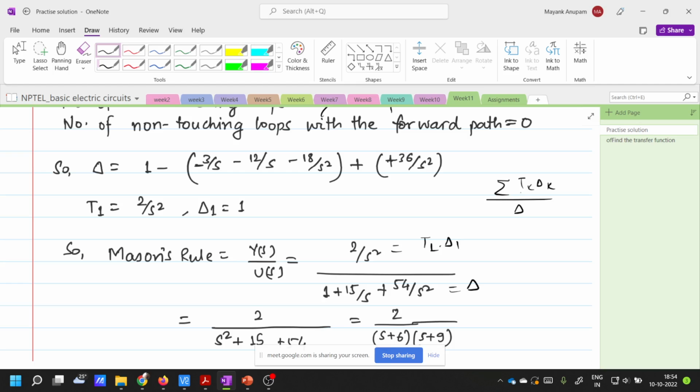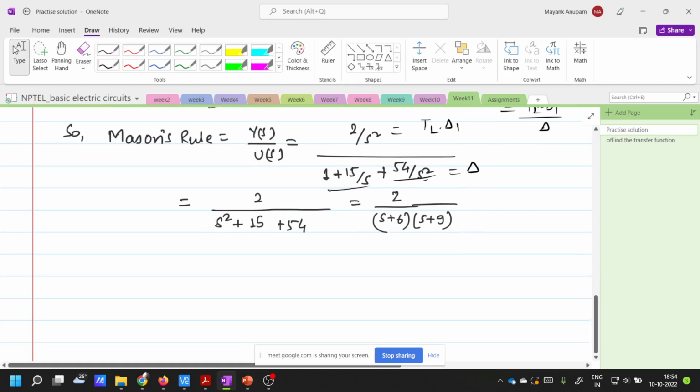The number of terms in the summation will be equal to the number of forward paths. Since you have only one forward path, you have only one term, t1 multiplied by delta 1 divided by delta. T1 is 2 by s square, delta 1 is 1, and in the denominator you have this delta. If you solve this, you will get this answer here, 2 by s plus 6 into s plus 9.